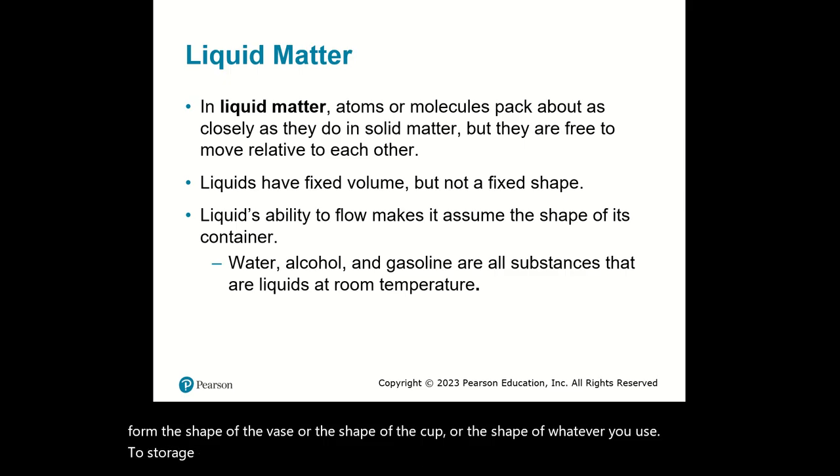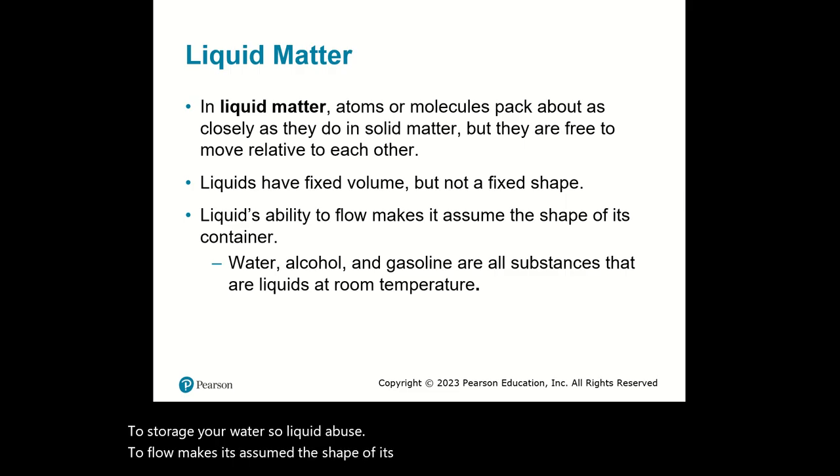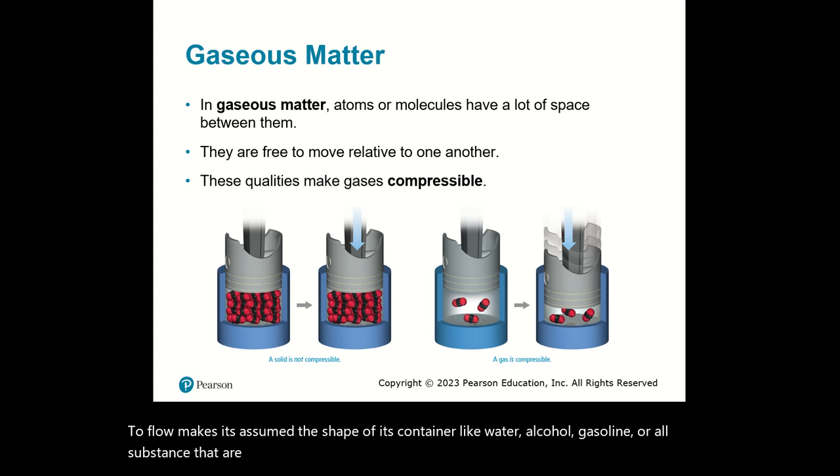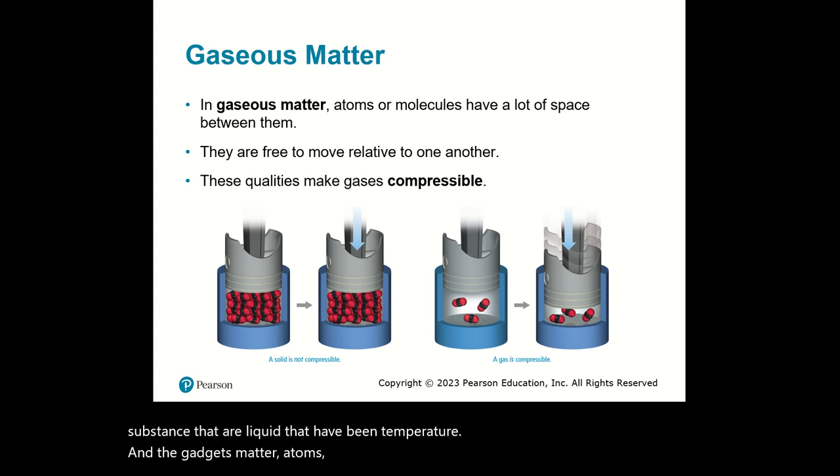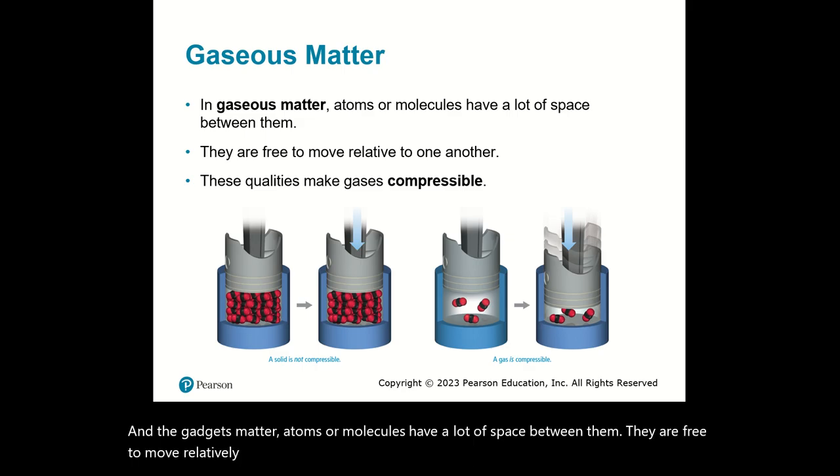So a liquid's ability to flow makes it assume the shape of its container, like water, alcohol, and gasoline, or all substances that are liquid at room temperature. In gaseous matter, atoms or molecules have a lot of space between them. They are free to move relative to one another. These qualities make gas compressible.